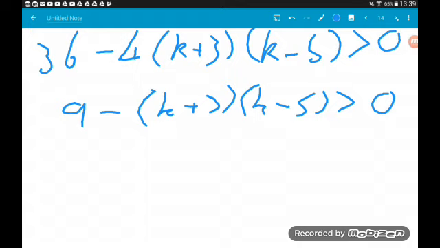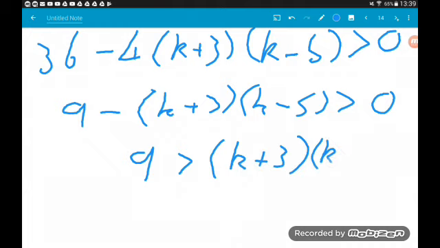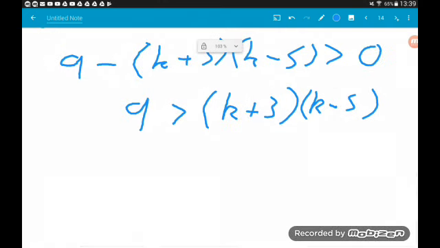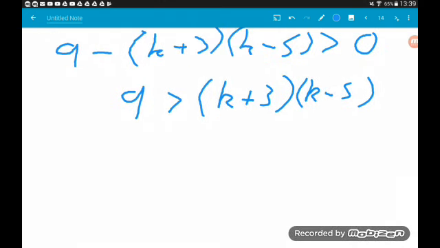So, that's going to give me 9 is greater than (k plus 3) times (k minus 5), like that.